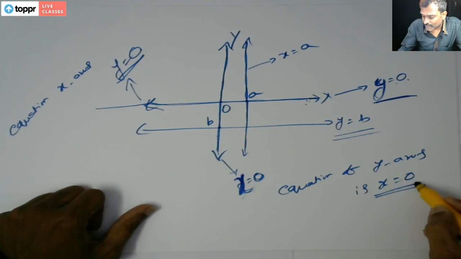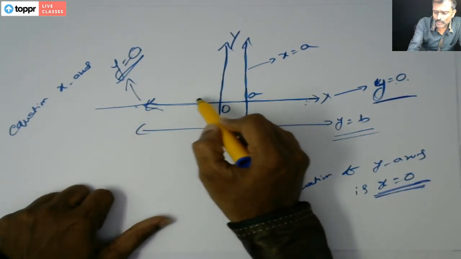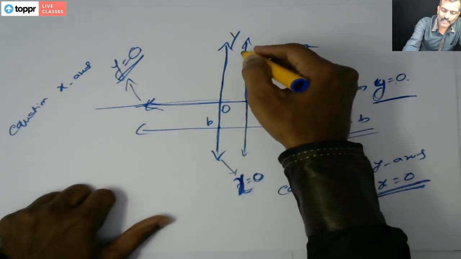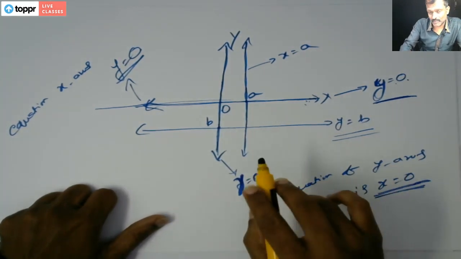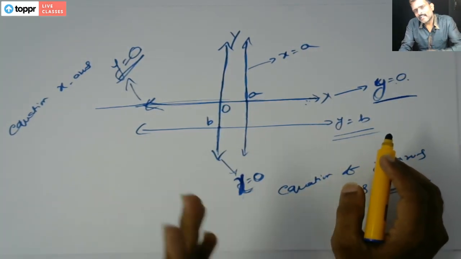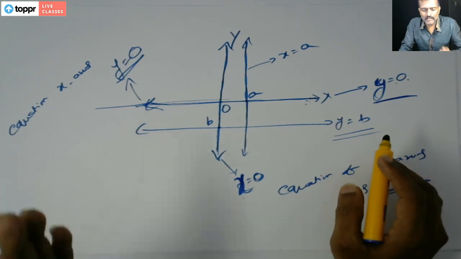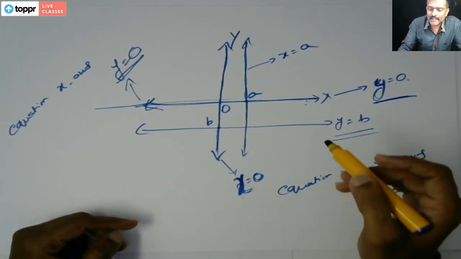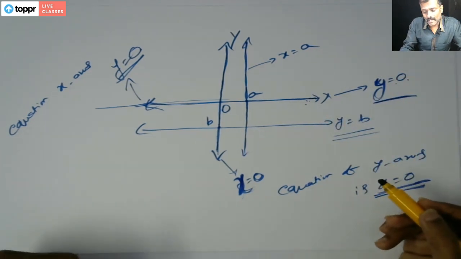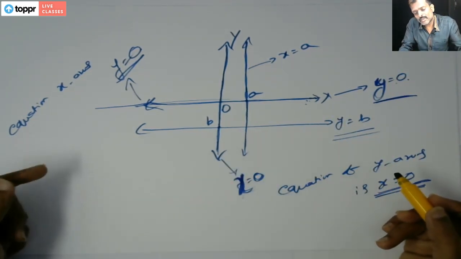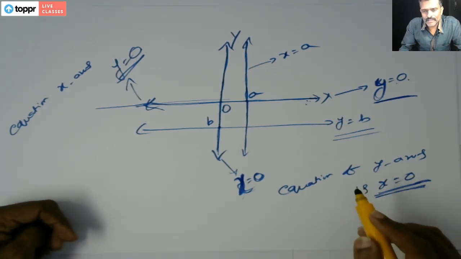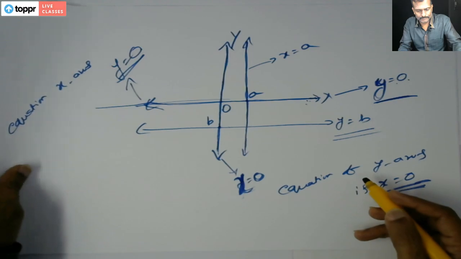No, it is y is equal to 0, because the value of y on that particular line is always equal to 0. Similarly, any line parallel to the y-axis, or the y-axis itself, is given by the equation x is equal to 0 or x is equal to a. And any line parallel to the x-axis, or the x-axis itself, is given by y is equal to b or y is equal to 0, right?